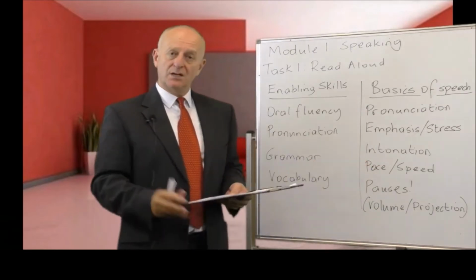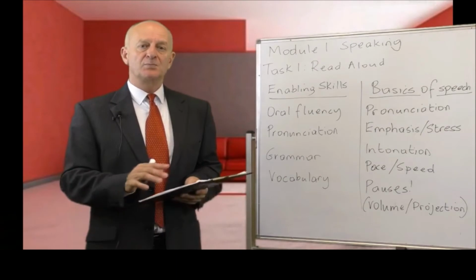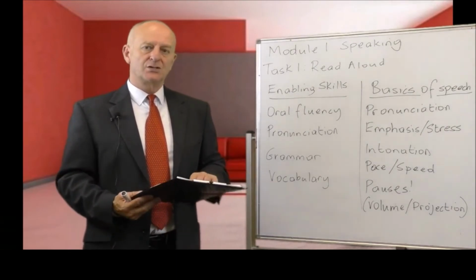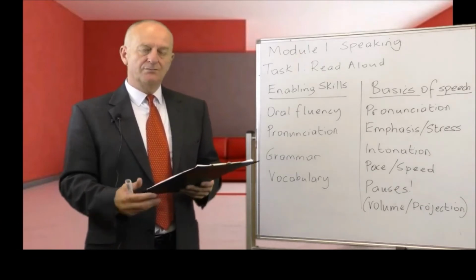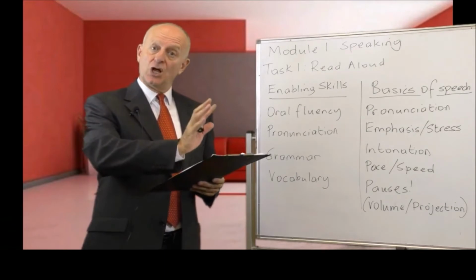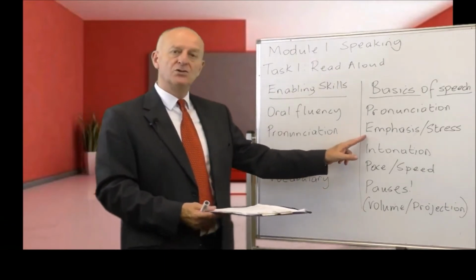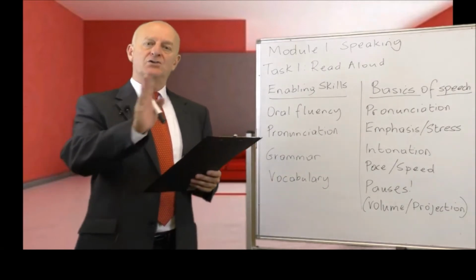Pace and speed is important. Don't rush what you say. As I said, 40 seconds is plenty of time in order to get all of those Read Aloud passages out. And vary the pace of your speech from control to slow. And slowing down means you emphasize certain words. And then back to control.